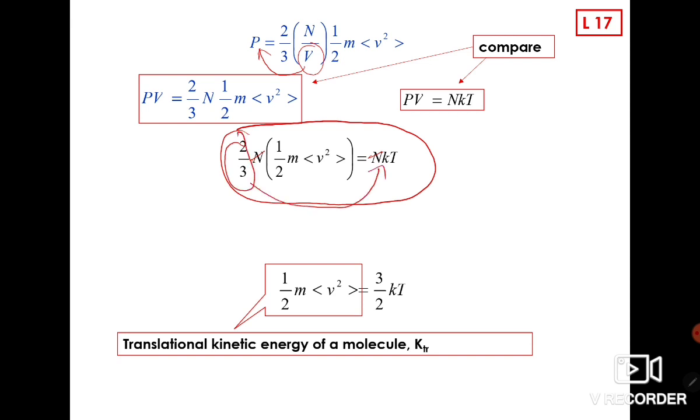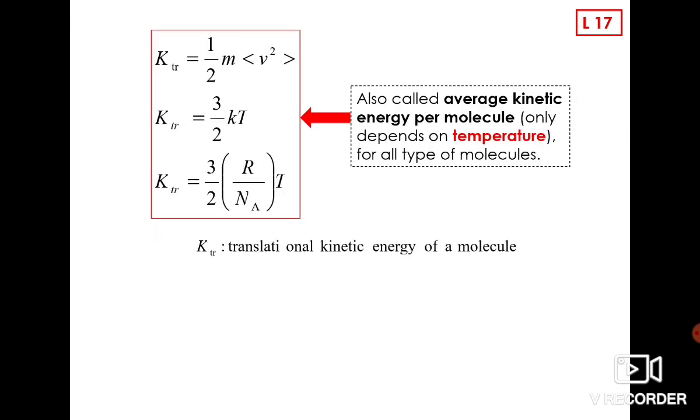So the equation will be half mv square equal to 3 over 2 kT, where half mv square is actually our translational kinetic energy. So from there, we know that translational kinetic energy is equal to half mv square, or translational kinetic energy is equal to 3 over 2 kT.